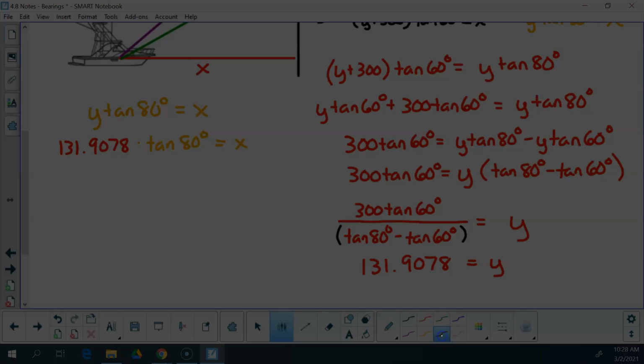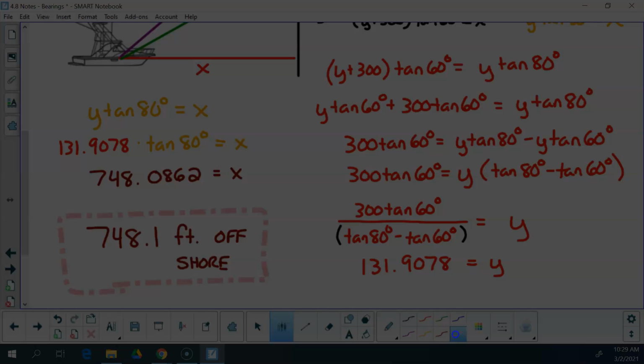And I get that the boat is 748 feet offshore. Yes?